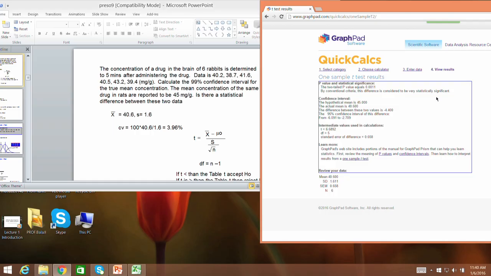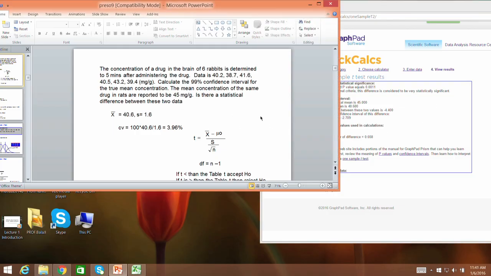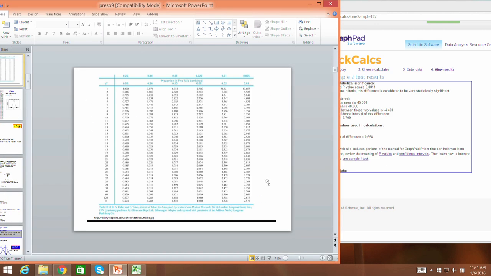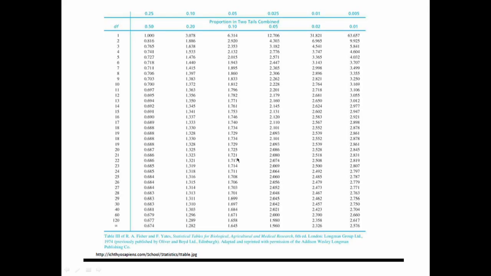The p value comes out to be 0.0011, and it is a statistically significant difference, as you can see here. Even at the 95% confidence interval it will come out to be a statistically significant difference, because if you look at the table here, for 5 degrees of freedom, for 99% confidence interval it is 4.032, for 95% confidence interval it is 2.571.